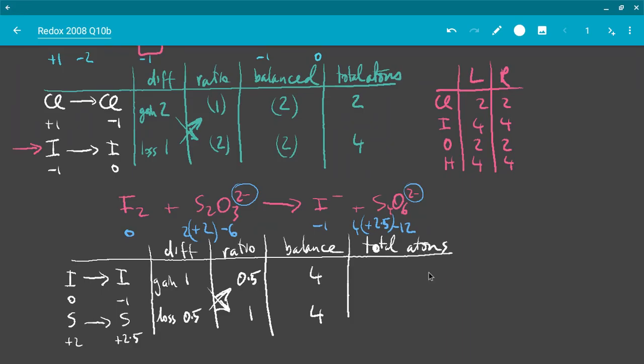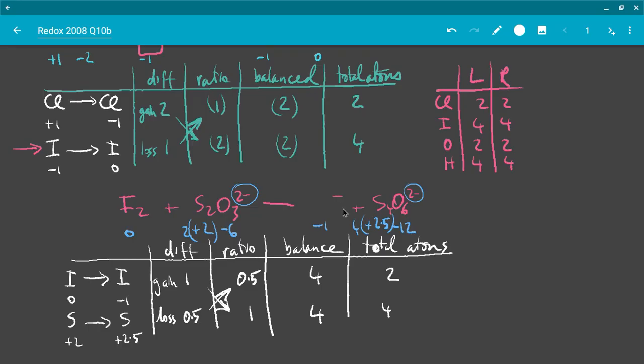How many atoms of iodine? 0.5 by 4 is 2, and 1 by 4 is 4 atoms of sulfur, left and right.